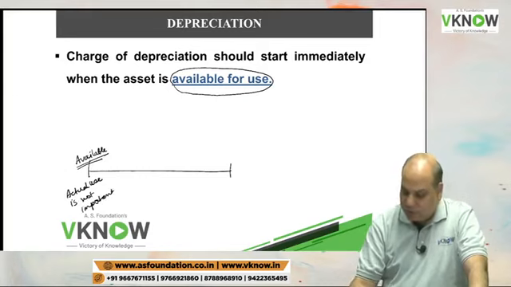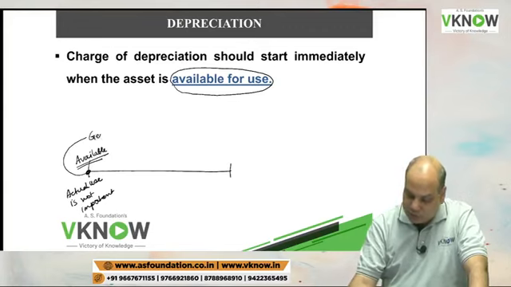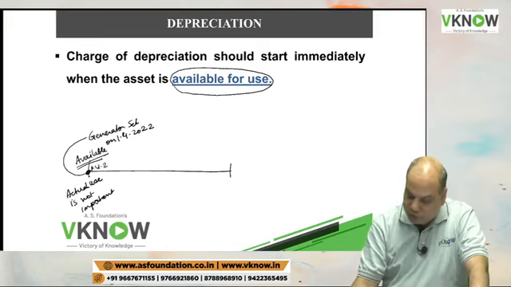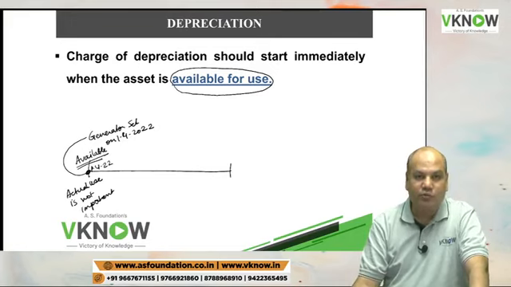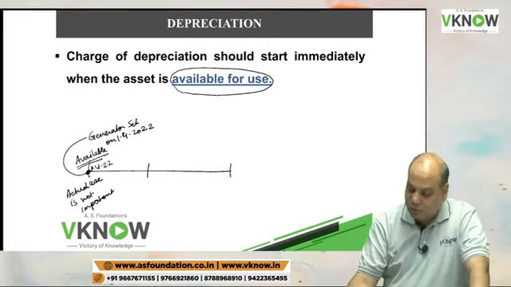Now, say for example, you purchased a generator set on 1st April 2022. So it is available for use from 1/4/22, but there was no power cut. If there was no power cut, you will not use the generator set.